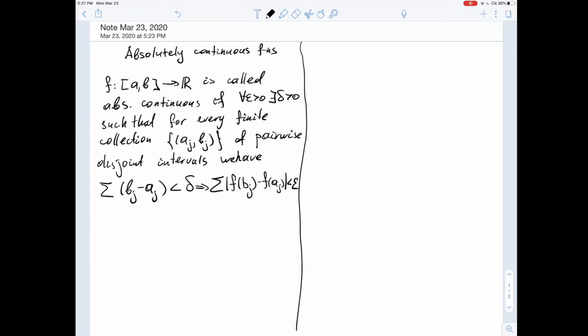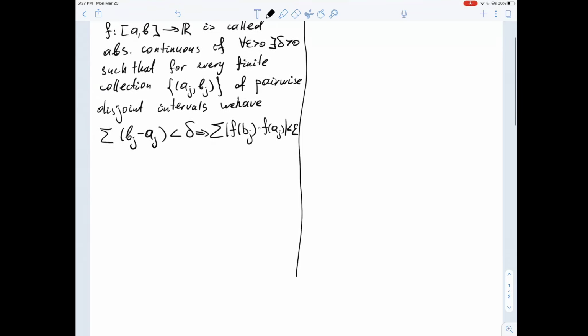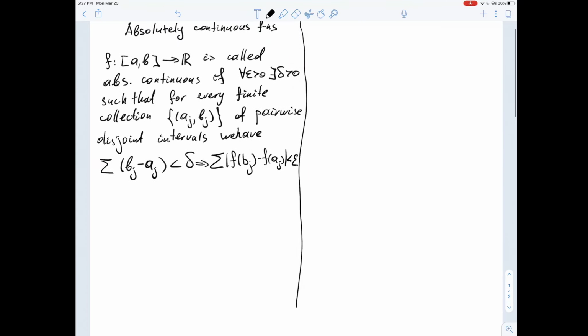Now we ask for it to hold for any finite number of intervals. Okay, and so example, just a warning that an absolutely continuous function is something we have never seen before, so that's a completely new notion, and a very strong notion actually.